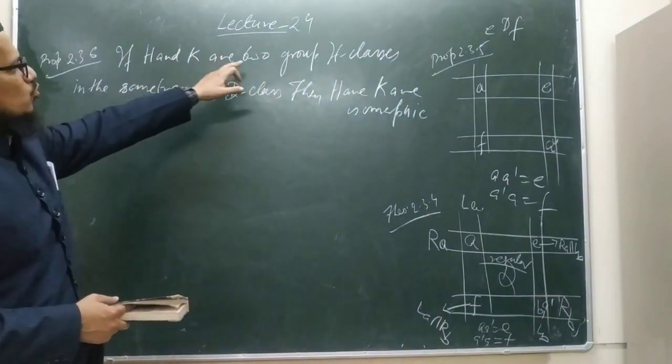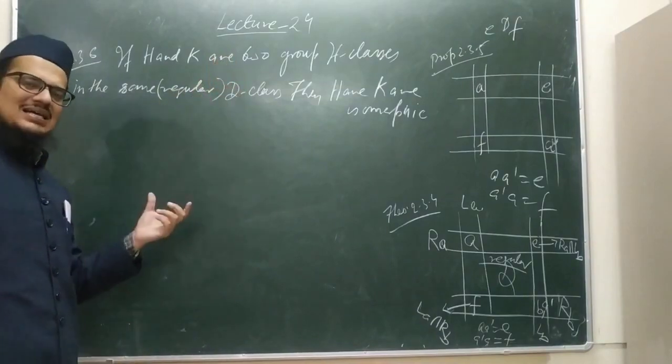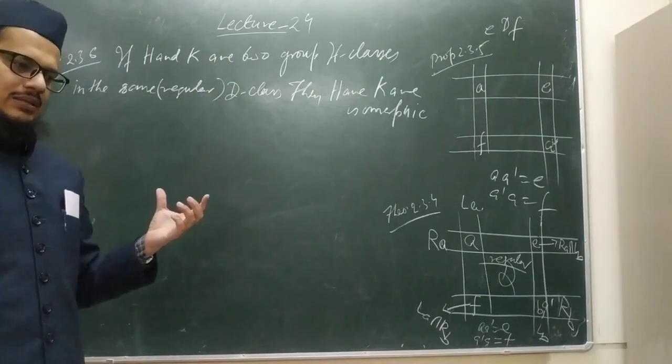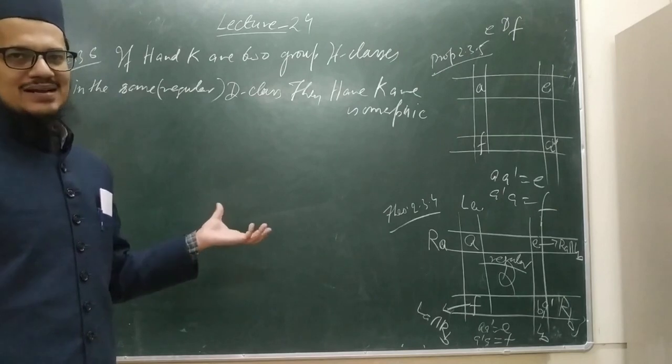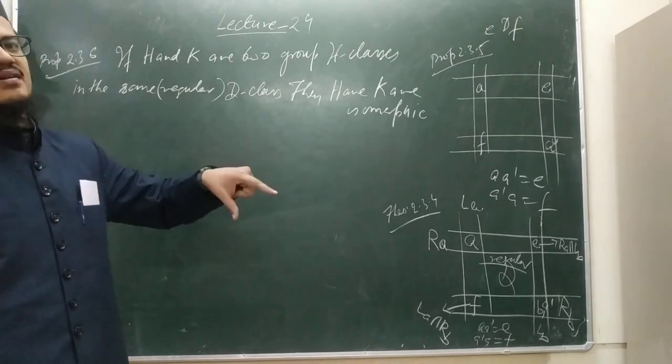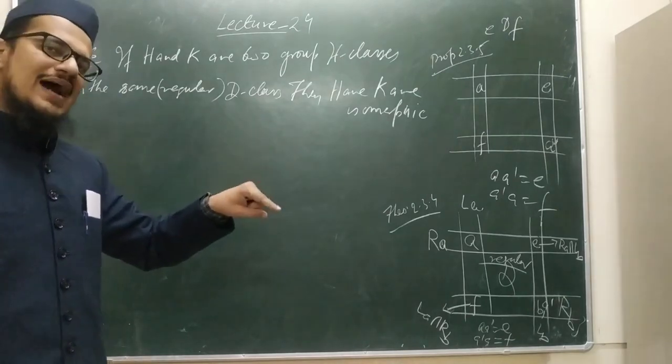H and K are two group H classes, and if these H classes are groups, it means they contain an identity, and that identity will be the only idempotent, correct?